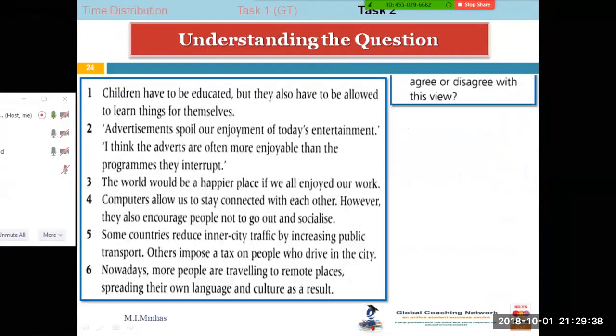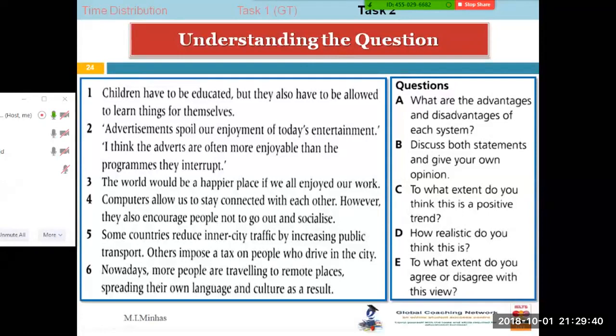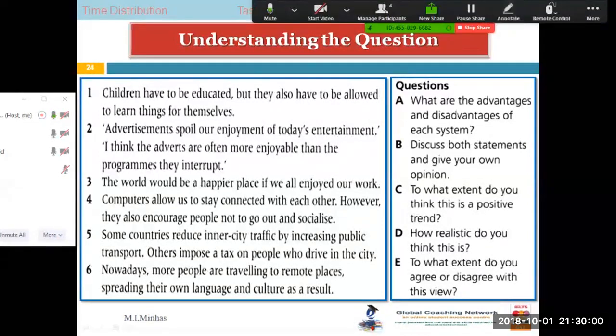Not yet the main part of the lecture, but understanding the questions. I'm sorry if you are getting irritated by the details, but it's for your benefit. I'm sure one of you is very new to it, so I have to go into the basics. For those who have already attempted the IELTS test, they must be knowing these things already, right?